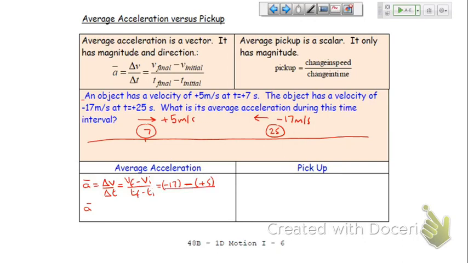And let's have a look. My time is 25 minus 7. So my average acceleration is equal to -17 minus 5, which is going to be -22, over 25 minus 7, which is 18, which equals -1.33. 18 goes into 22, 1.2. 11 over 9.